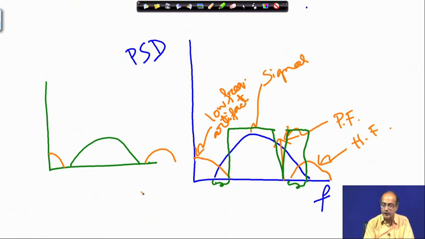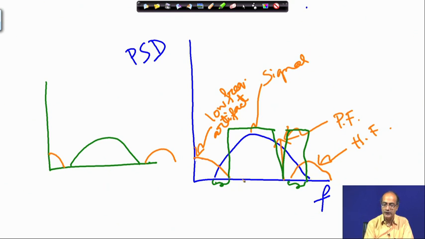But when we have overlapping spectra between the signal and the noise, then we have a problem in choosing the boundary. In that case, what best we can do is the goal of this optimal filtering.